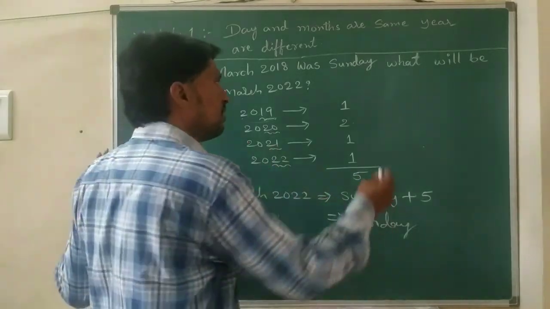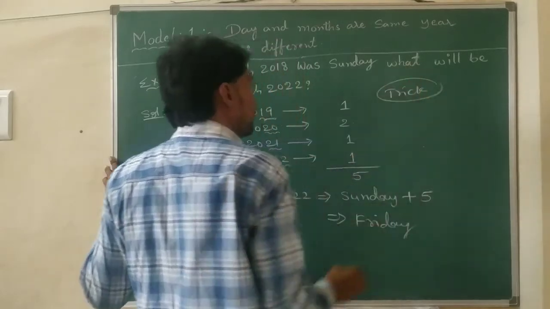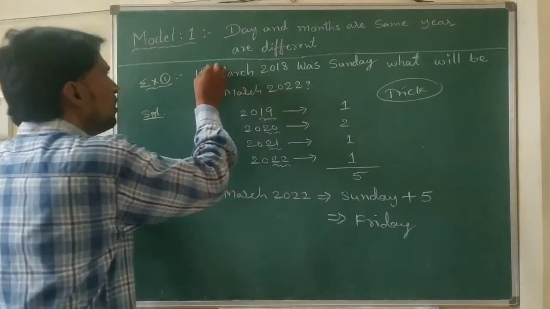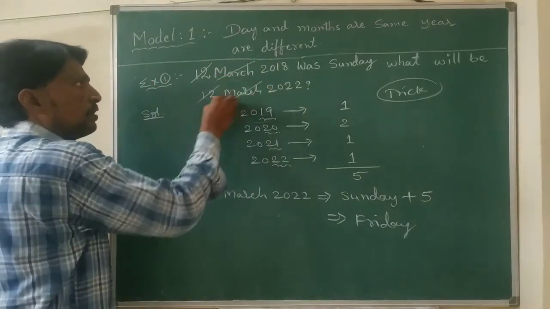Next, there will also be one trick that you can use. So what is the trick? Here the date, 12th, and the month are both the same.